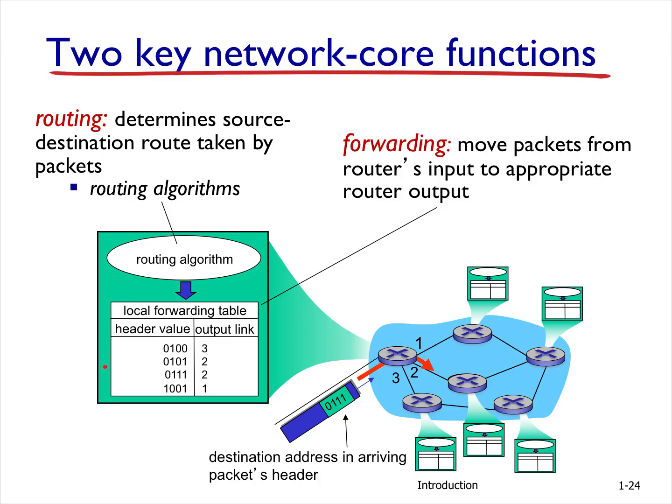There will be another one that says if you receive from here and the destination address is such, then you should take it here. And if the destination address is something else, you should take it here. And if it's something else, you should take it here, and so on, okay? Now, that exists inside each one of those intermediate nodes, right?